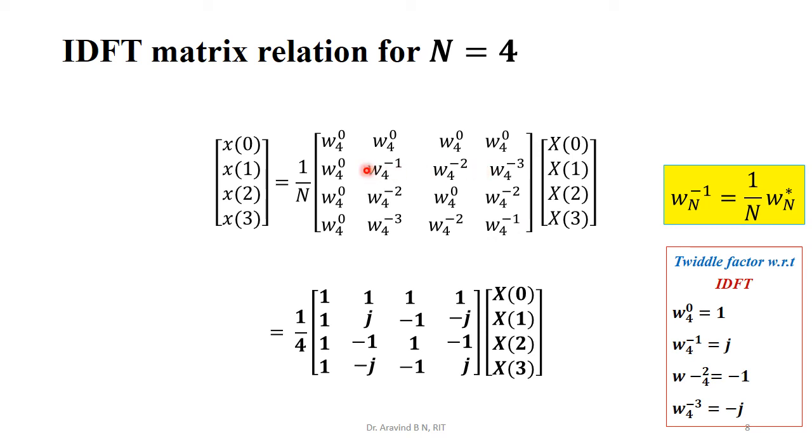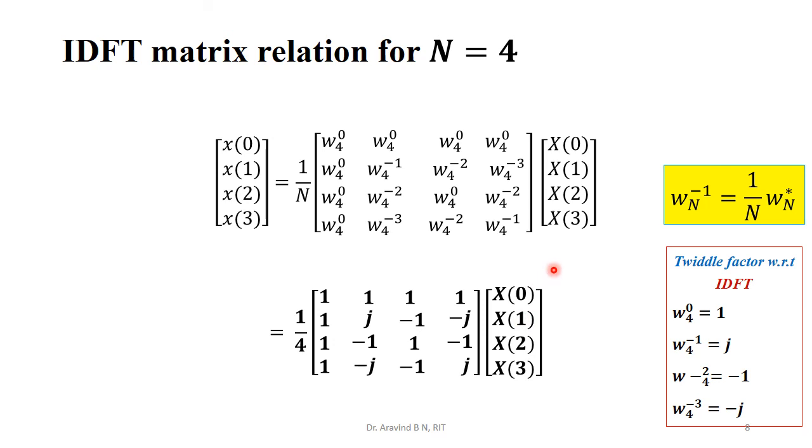In the IDFT matrix, again these twiddle factor values are present. We have already derived these twiddle factor values in the previous lectures, so we can substitute those values, get this simplified matrix, and use this matrix to calculate the IDFT.